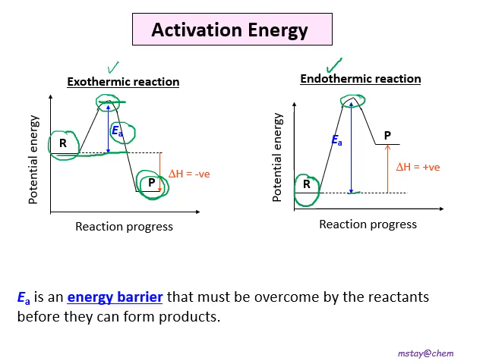Basically, activation energy is the energy barrier that must be overcome by the reactants before they can form the products. Again, the reactants must climb up this mountain, and only at the peak will they be able to form the products.